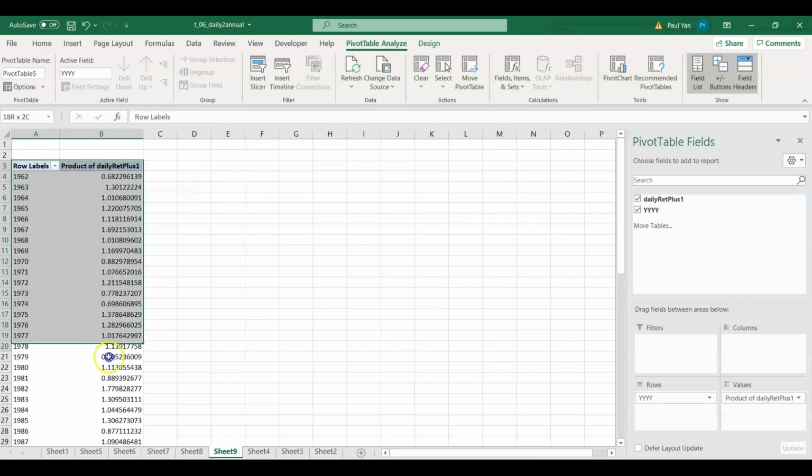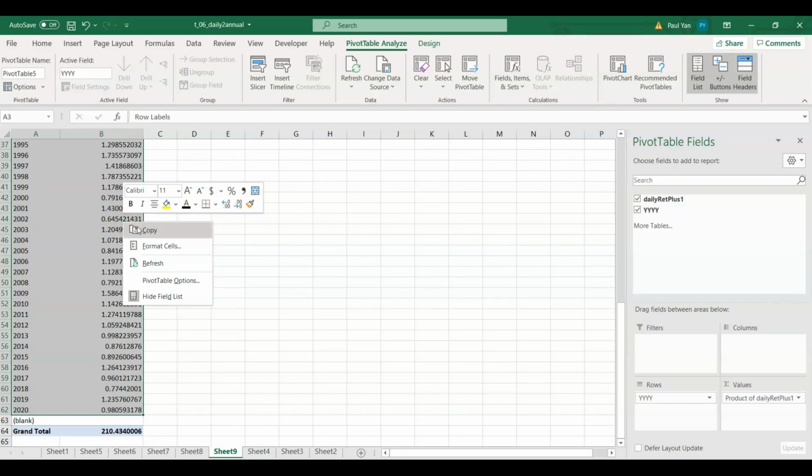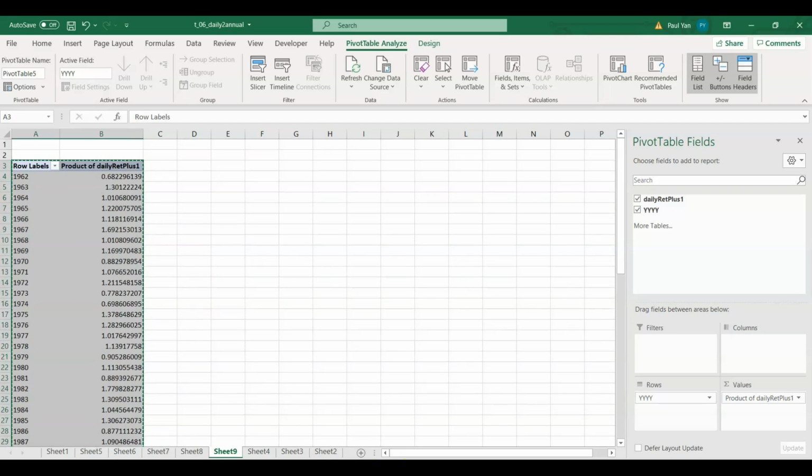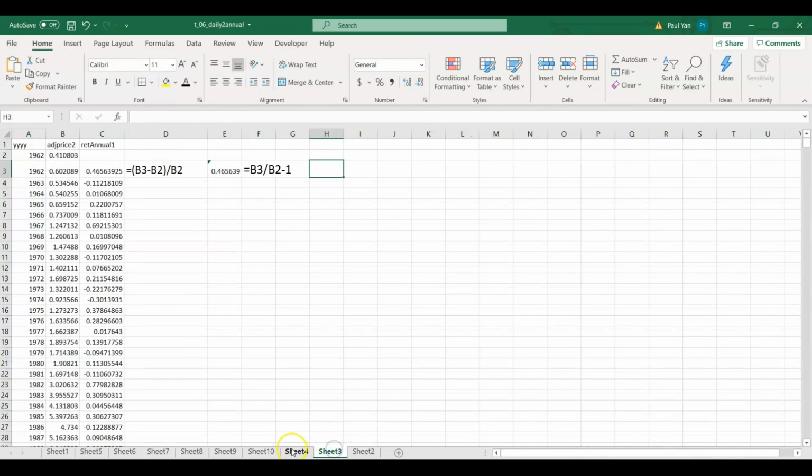So I'm going to highlight our result, click copy, and go back to the original spreadsheet. Yes, this is our original one.